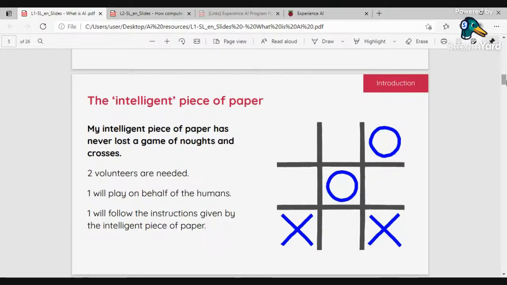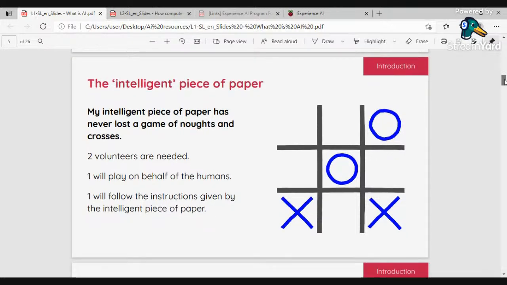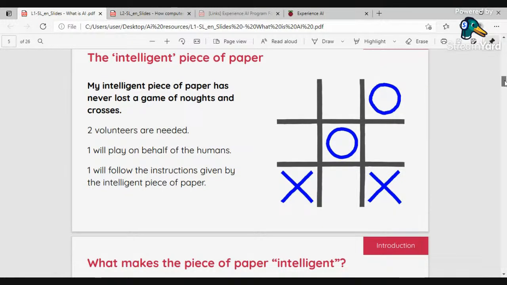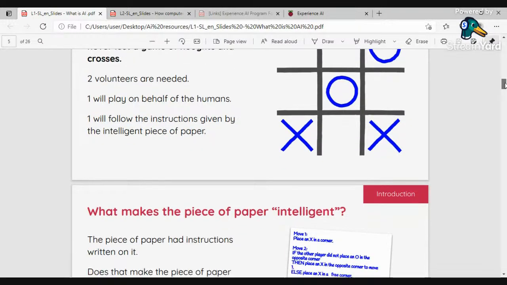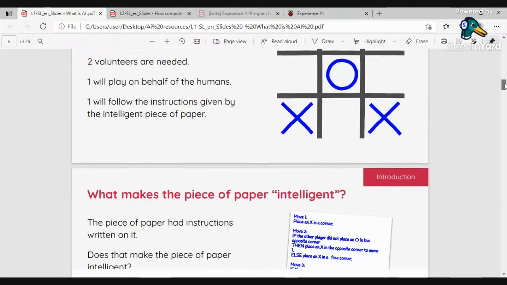It's a game that enables two players to play and see who wins. One will play on behalf of a human, and one will follow the instructions given by the intelligent piece of paper.